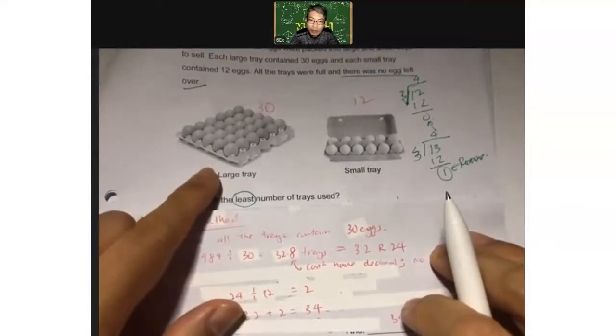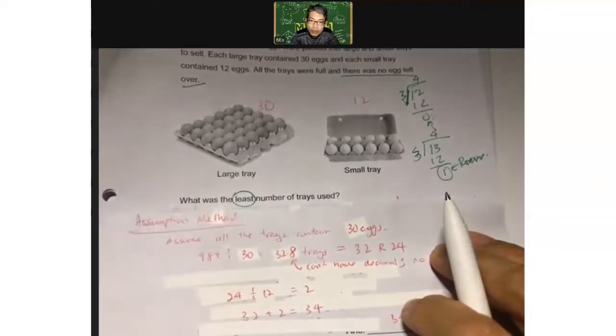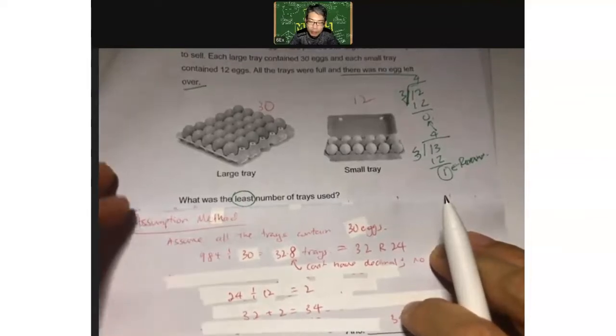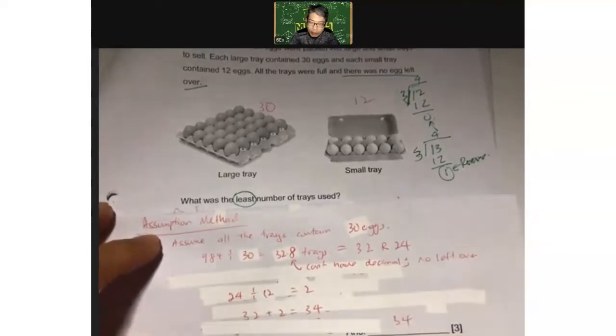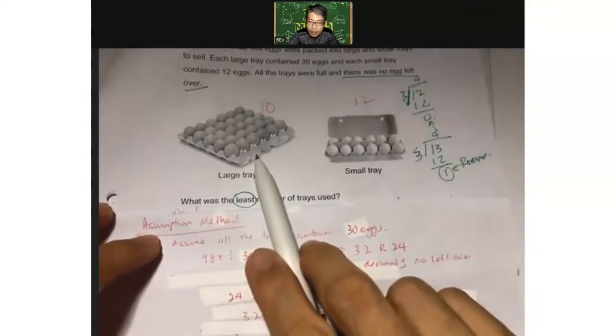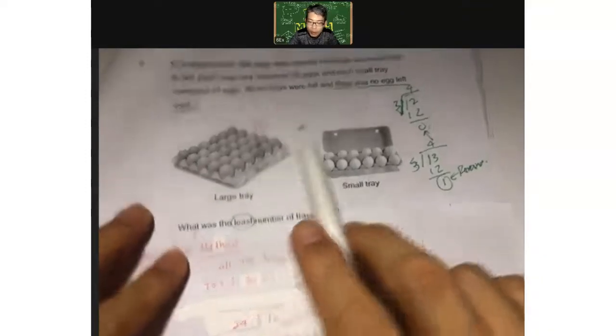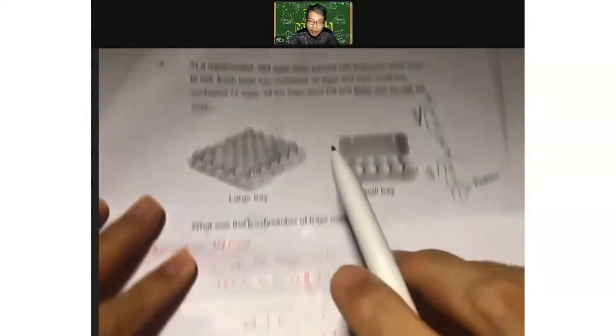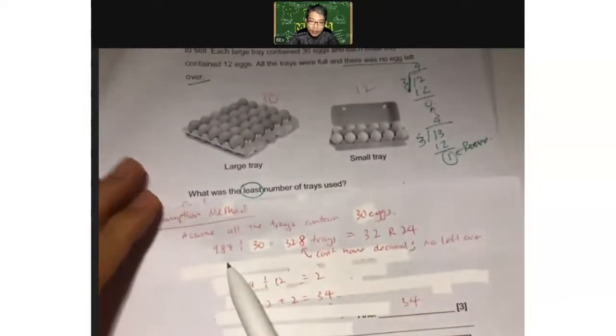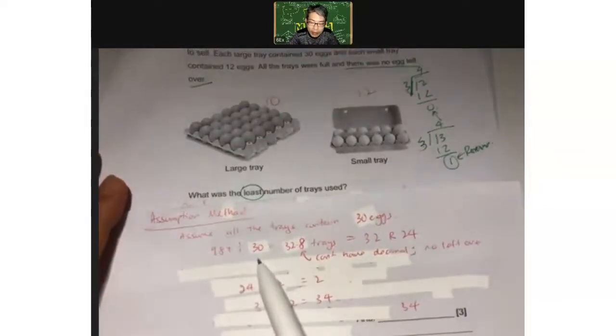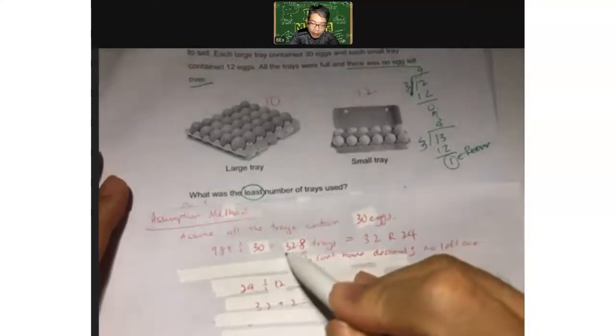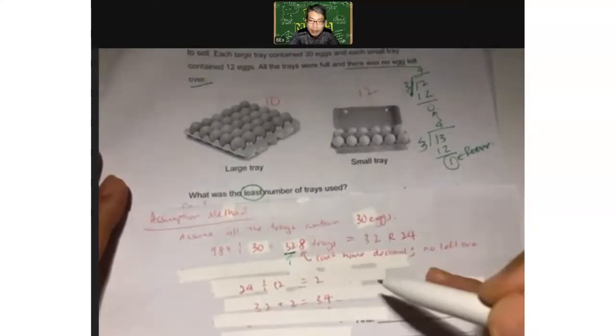Because the big tray can hold more eggs. So let's assume that all the trays used were the big trays. We know the big tray can hold 30 eggs. We were told this, right? And there were 984 eggs. I divide that by 30. I found out that I need 32 big trays.